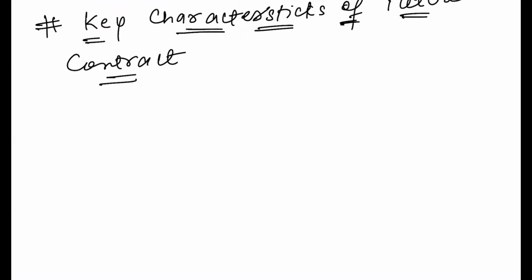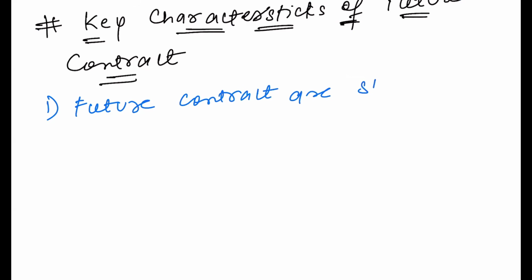First, and this is what I said, futures contracts are standardized in terms of contract size, expiry date, underlying asset, quantity, and any other variable that is left out. So future contracts are standardized agreements.